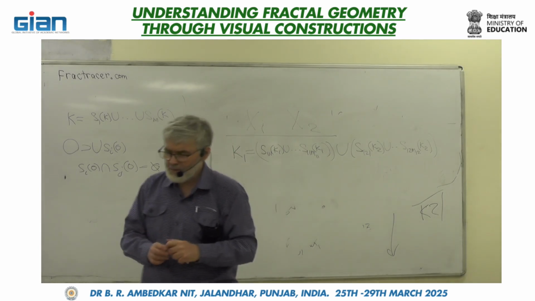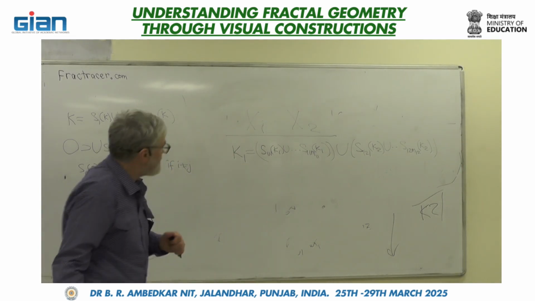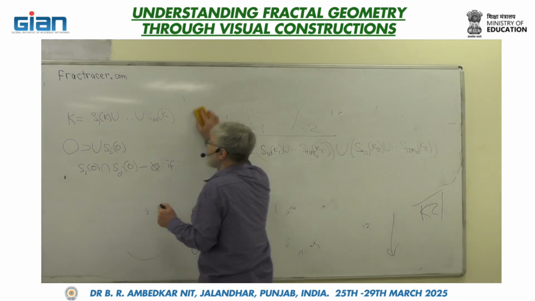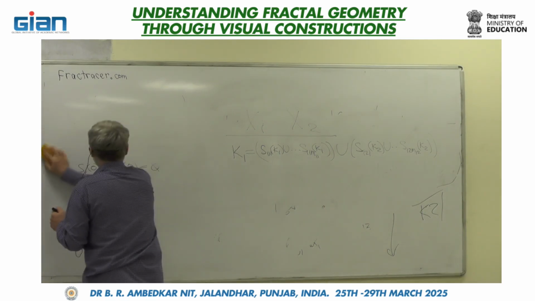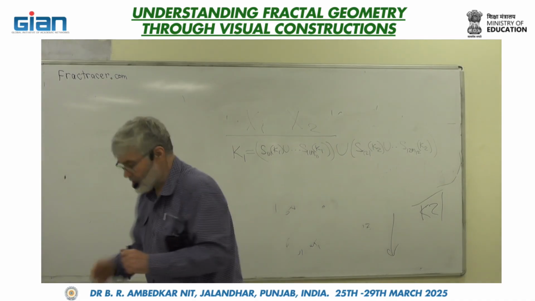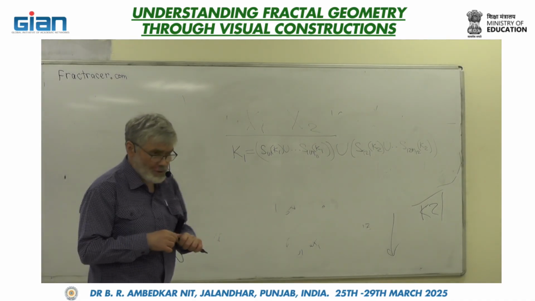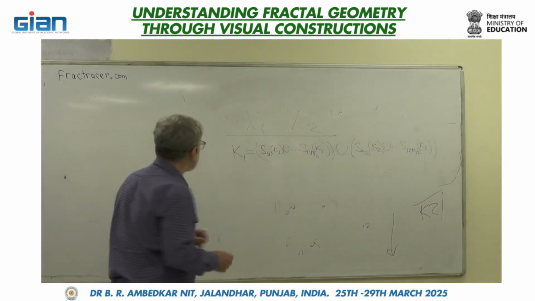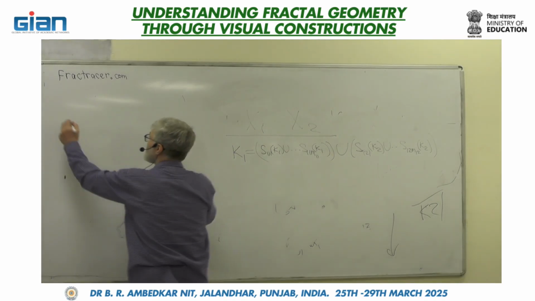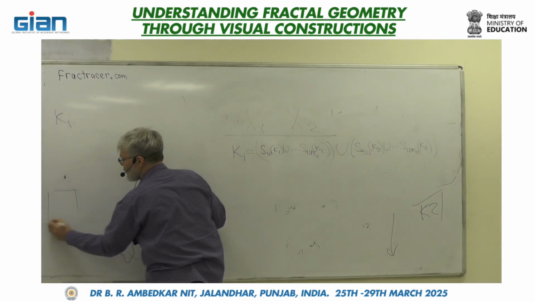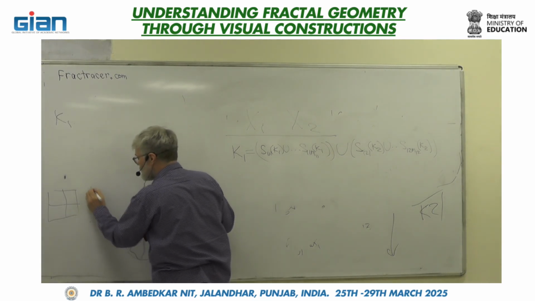How can we imagine such a graph-directed system? So let us return to our example. We have a very nice example. We have just two spaces and just 1, 2, 3, 4, 5, 7 maps, right? So we have K1. I will draw the picture.